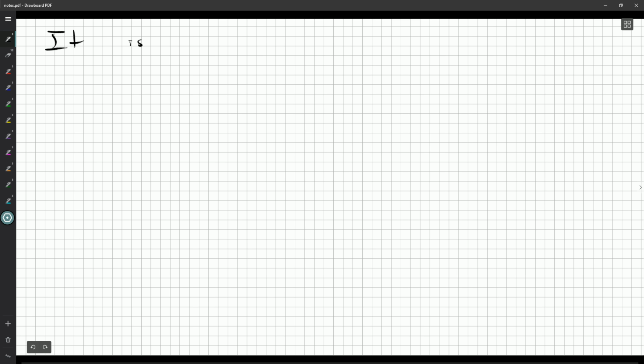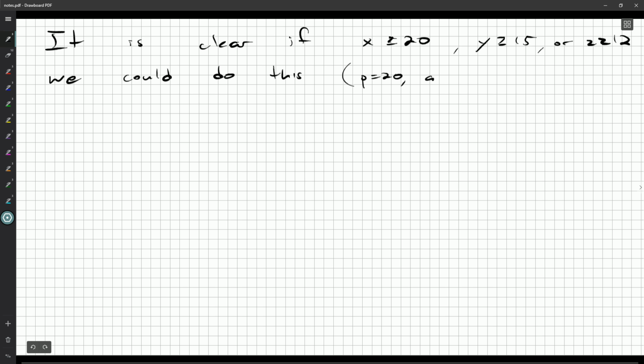I would say it is clear that if x is more than 20, or y is more than 15, since for 4 you would need 15 of them, or z is more than 12, since with 5 you need 12 things, we could just take p as 20, or q as 15, or r as 12.